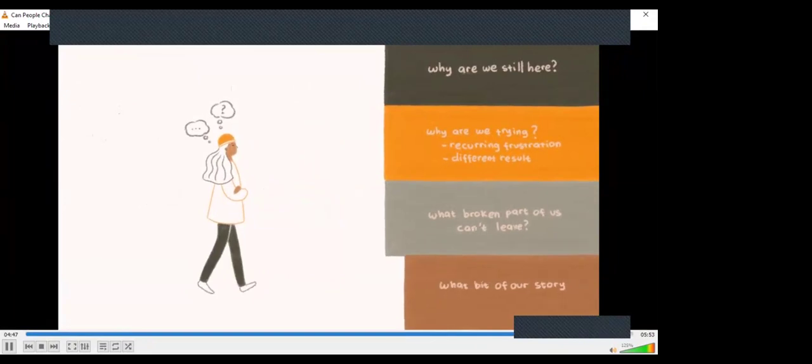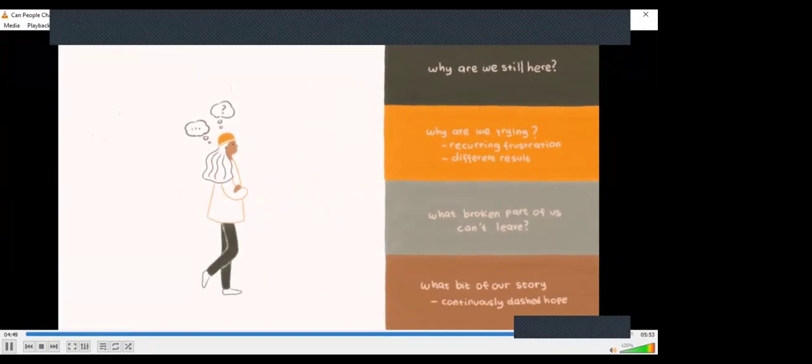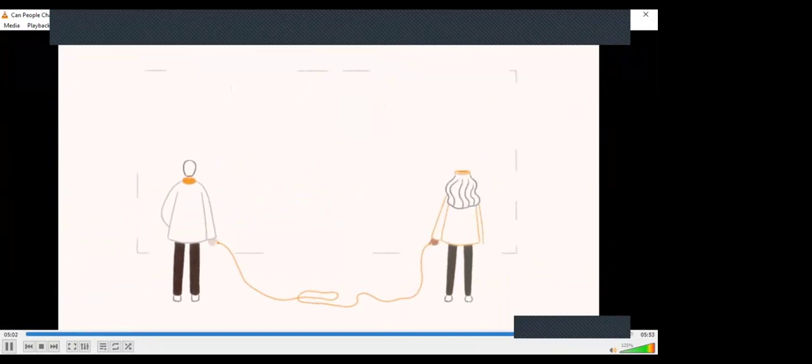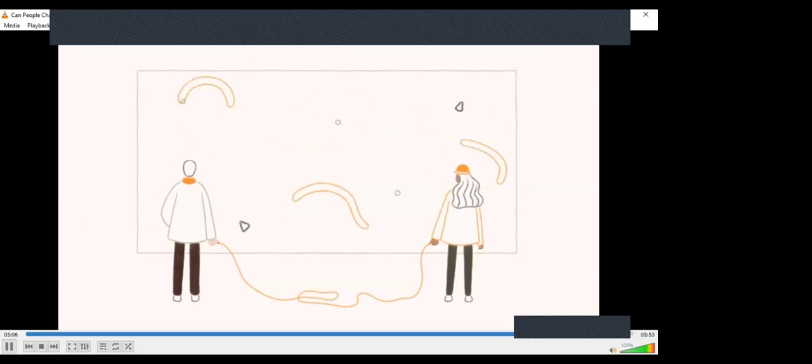What bit of our story is being reenacted in a drama of continuously dashed hopes? And if we're talking of change, might we one day change into characters who don't sit around waiting without end for other people to change? Might we become better at sifting through options and allowing through only those people who can already meet the lion's share of our needs?